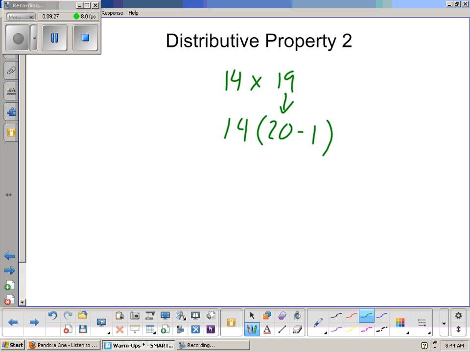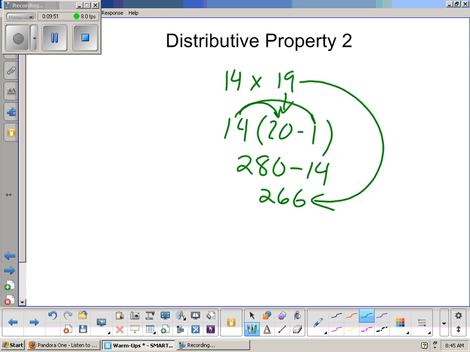So you do 14 times 20 minus 1. 14 times 20 is 280, and 14 times 1 is 14. So 280 minus 14 is 266. So 14 times 19 is 266. You've got to use the distributive property. You can do all that math in your head.